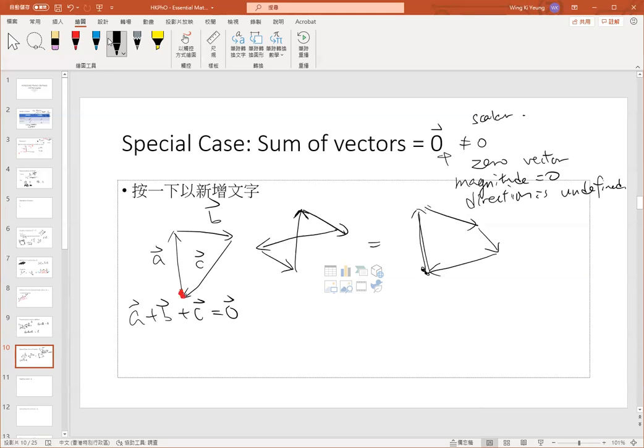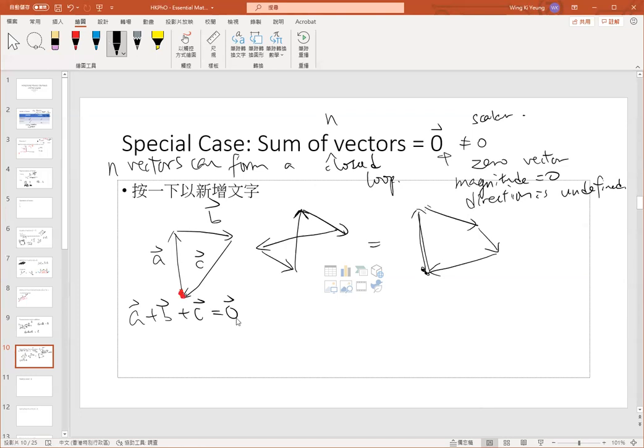Okay. So whenever there are n vectors and the sum of the n vectors equals zero, then those n vectors can form a closed loop. That means the starting point will meet the end point.